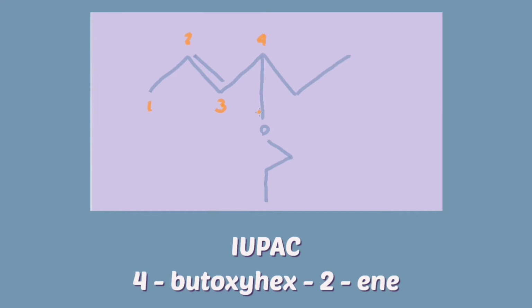The attachment is found at the fourth carbon, so we name it 4. We then count the number of carbons in the attachment.